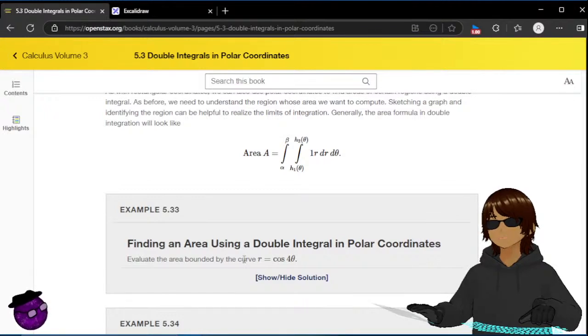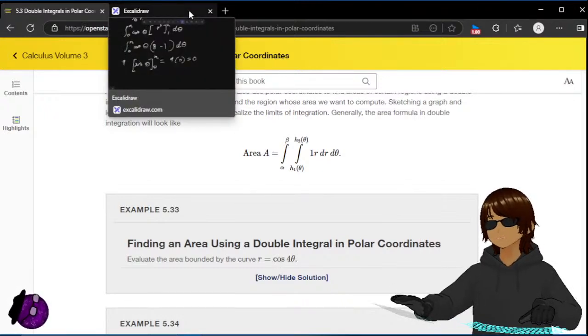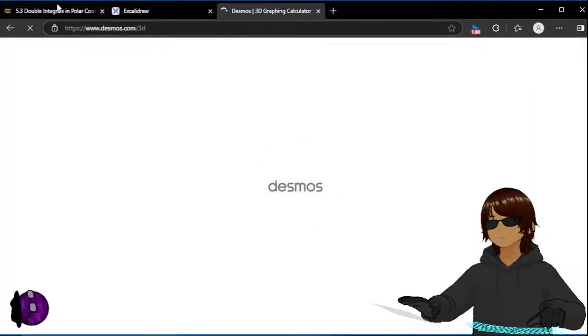Evaluate the area bounded by the curve r is equal to cos 4 theta. Wait, Desmos 3D graph.